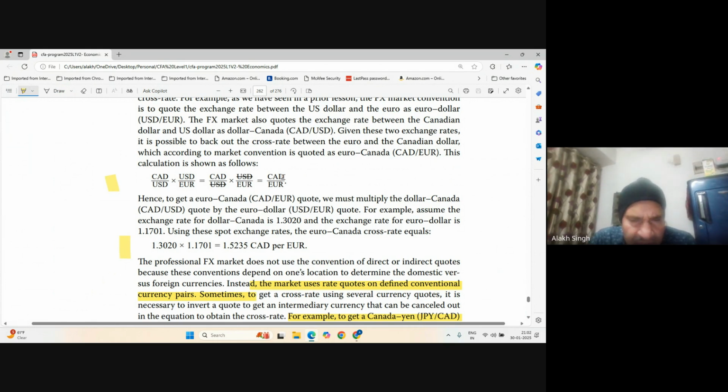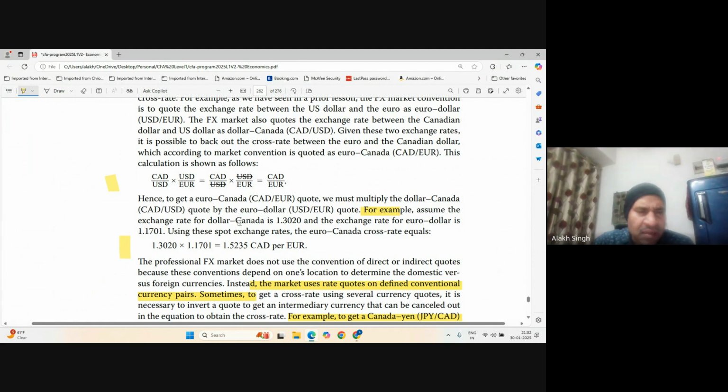Let's read it. You know this very well. It is quite simple. Let's do this for example. Assume the exchange rate for dollar Canada is 1.3020 and the exchange rate for euro dollar is 1.1701. What does this mean?